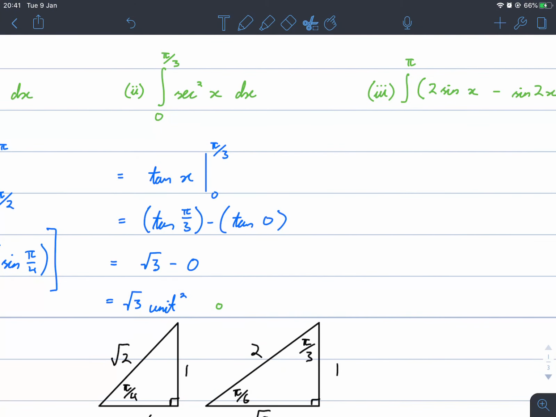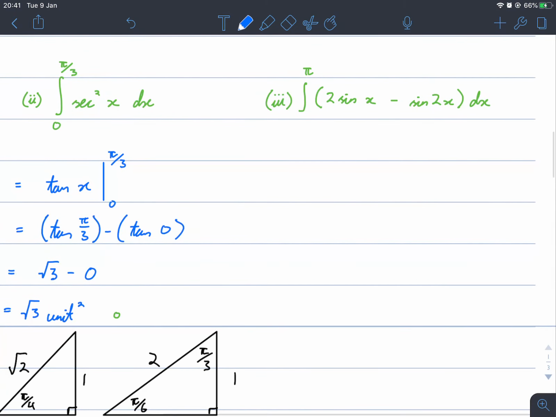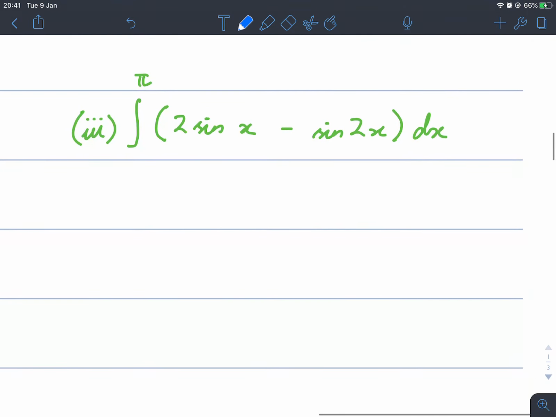One last example here. When it comes to the integration of two separate terms, when it's subtracting or addition, it's just integrating each one individually.